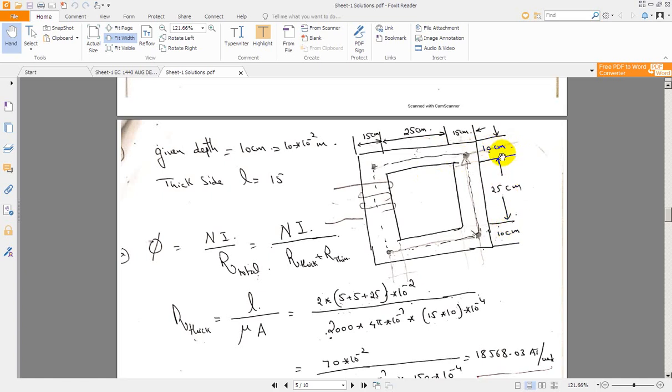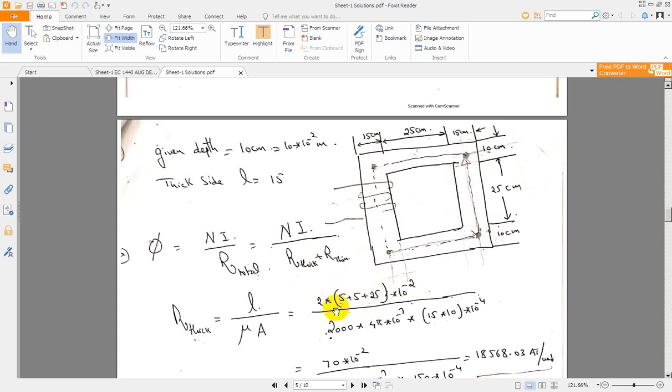So 25 plus 5 plus 5, total 35 into 10 power minus 2. This length is for this side, and the other side is equal to this side. So for the total length on the thicker side, we have 2 into (5 plus 5 plus 25) into 10 power minus 2.